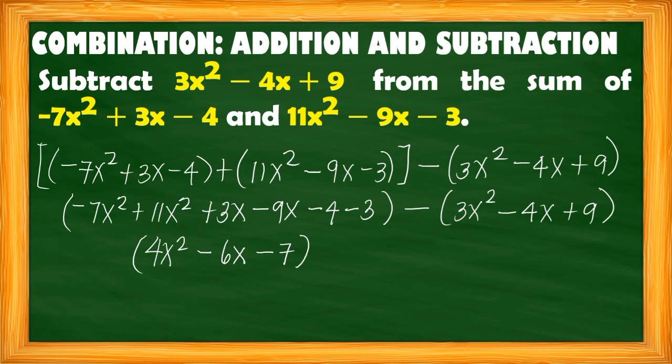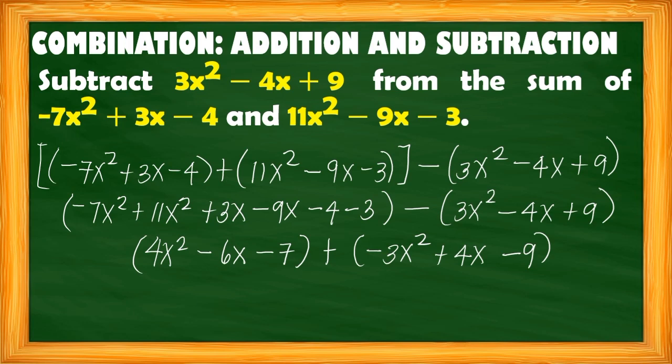And then, change the sign of the subtrahend, and then proceed to addition, magiging plus negative 3x squared. Then negative 4x will become positive 4x. And then positive 9 will become negative 9. And then, combine like terms na naman tayo.